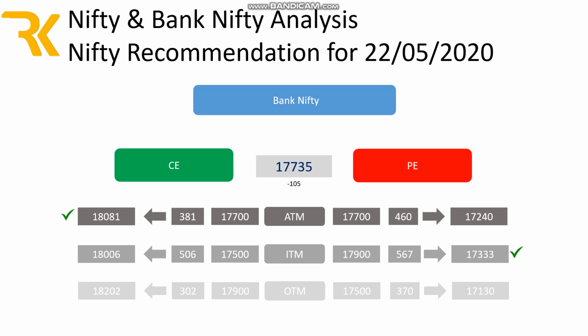Whereas if bank Nifty reaches the 18000 level, sell your call option and enter the 17900 put option. And if you see the negative side, don't enter on the call option side, just go ahead with the put option side, 9200 put option and 17900 put option, or the at the money put option, which is 9100 put option in Nifty and 17700 put option in bank Nifty. So these are all the recommendations for tomorrow.